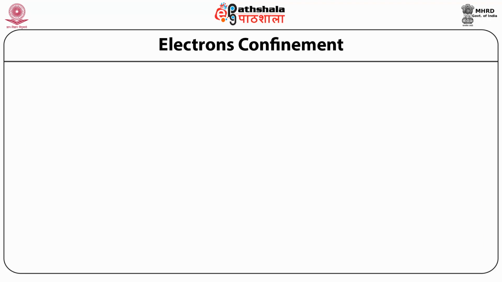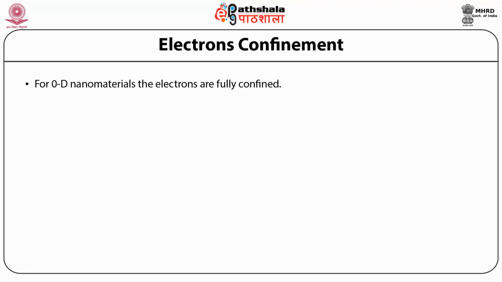Now I want to talk about electron confinement again. As we have discussed the quantum confinement of nanostructures in the previous slide, this quantum confinement is observed for the conduction electron. For 0D, electrons of the nanostructure are confined in all the three directions. Motion of electron is confined in two directions for 1D nanostructure.